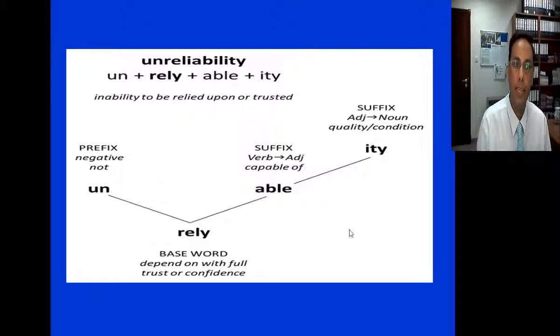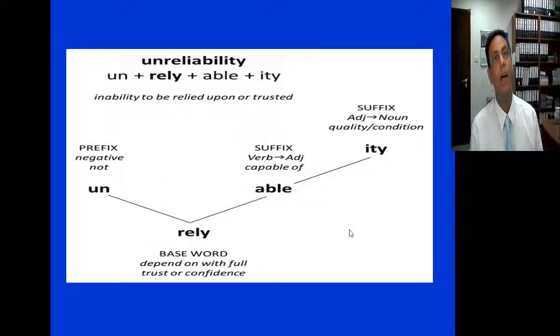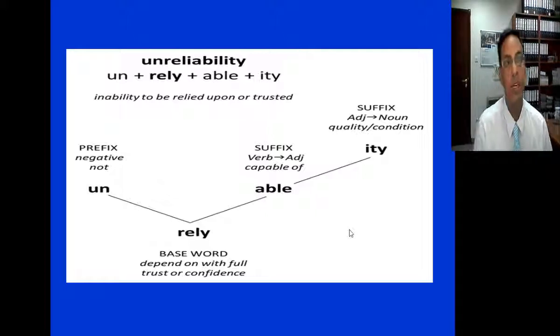Let's analyze the structure of the word unreliability. How many morphemes do we have? We have 4 morphemes. Unreliability: the root is the verb rely. This is why we wrote here the base word, meaning depend on with full trust or confidence.